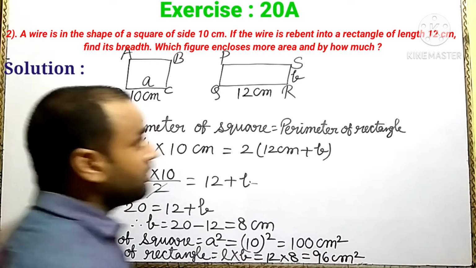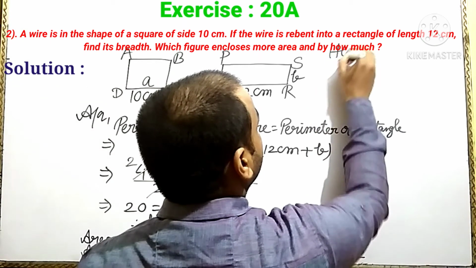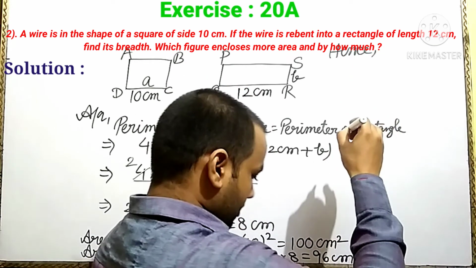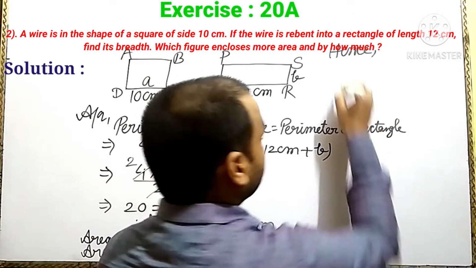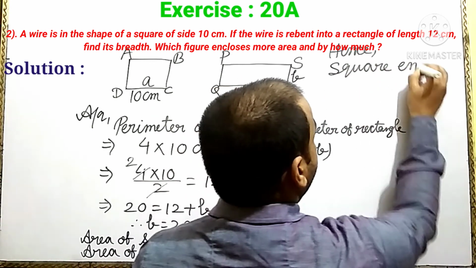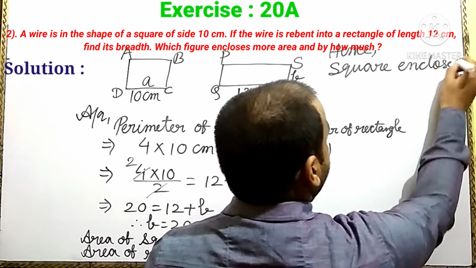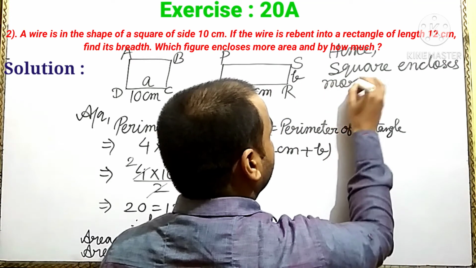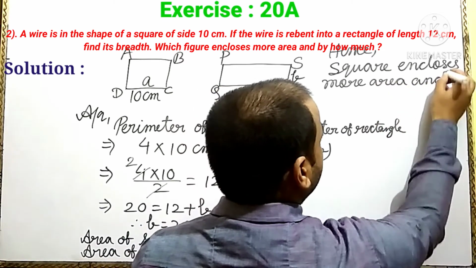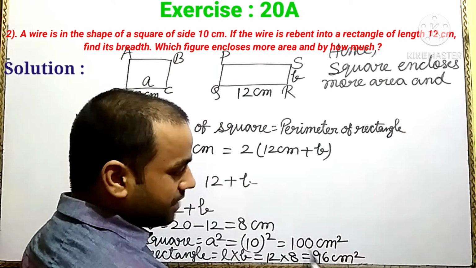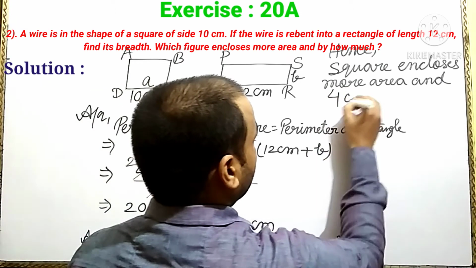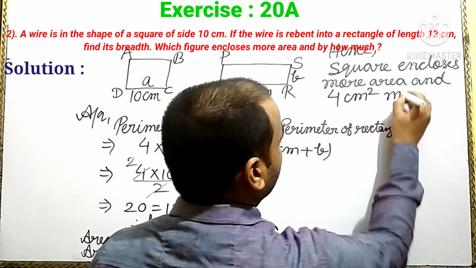So hence a square encloses more area. And how much? How much means 100 minus 96, we get 4 square centimeter more.